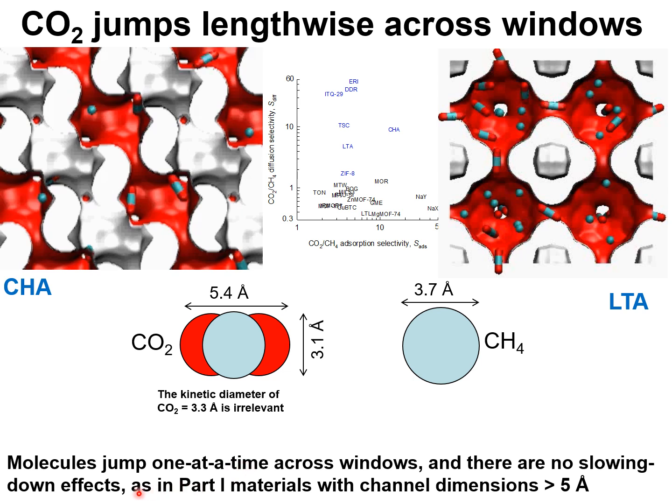Slowing down effects such as those demonstrated for materials with channel dimension greater than 5 angstrom are not relevant for cage window structures. This makes the analysis of diffusion easier because the unary diffusivities can be identified with the diffusivities of that component in the mixture. But the comparison should be made at the same pore occupancy, as we shall see later.